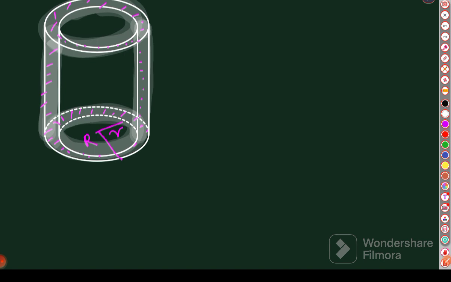Suppose a hollow cylinder. I promised you that I will explain the concept in a realistic way. Okay, sure. So you can see this hollow sphere, right? So nice.